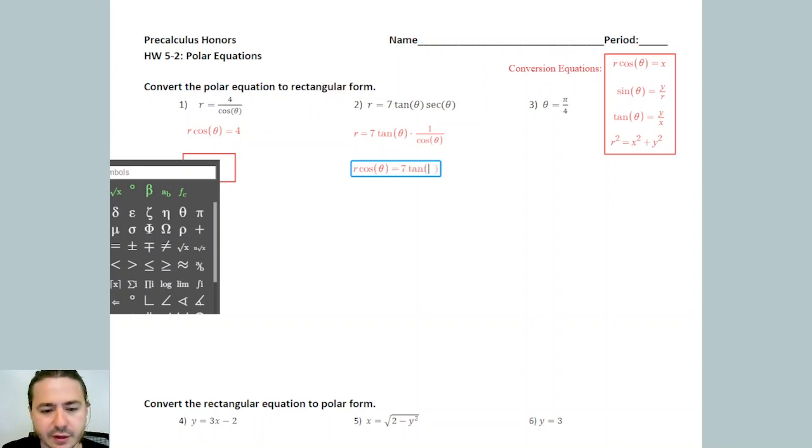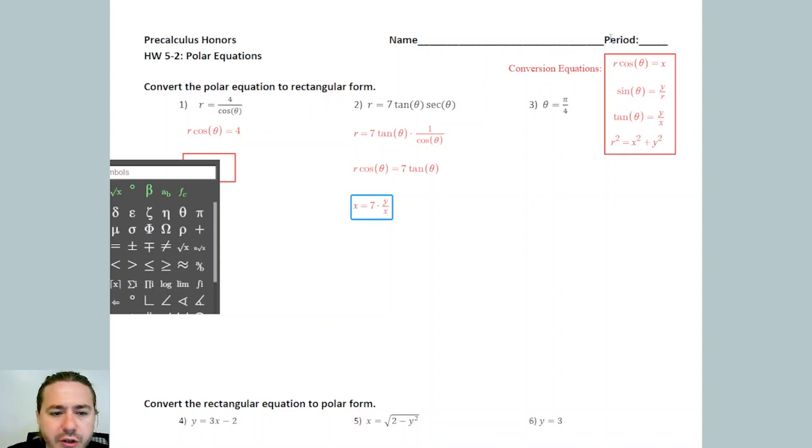Now we've got expressions that we can translate directly. So like r cosine theta, we said was x. Tangent theta is y over x. So we can replace both of those right away. So we get x equals 7 times y over x.